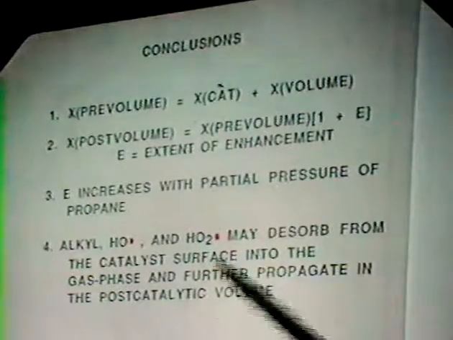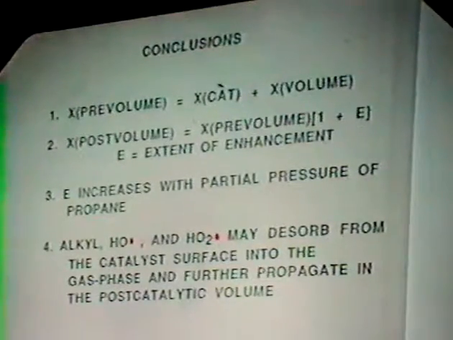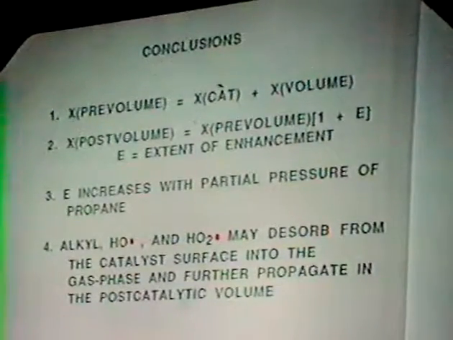We are looking at the possibility of RO2 species desorbing, or OH desorbing, HO2 desorbing, and the preliminary result we get suggests that about 10 to 20% of the RO2 species on the surface desorb into the gas phase to account for the data that we have.